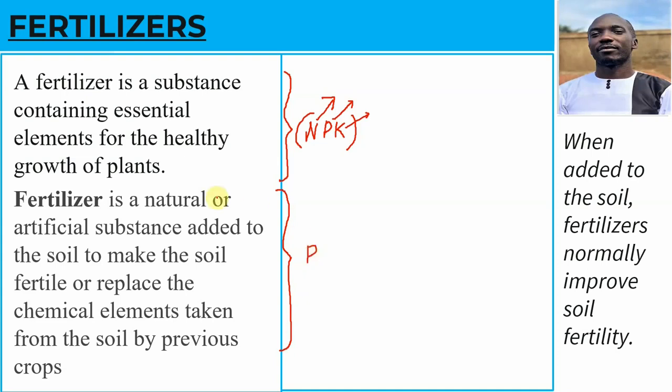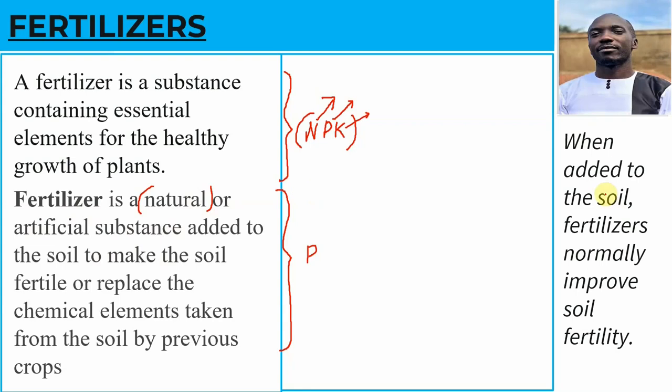And we are saying that the fertilizer can be natural, or it can be artificial. It can be a natural or artificial substance added to the soil. We shall look at different types of fertilizers. Of course, we shall look at the ones which are natural and the ones which are artificial as we move on.